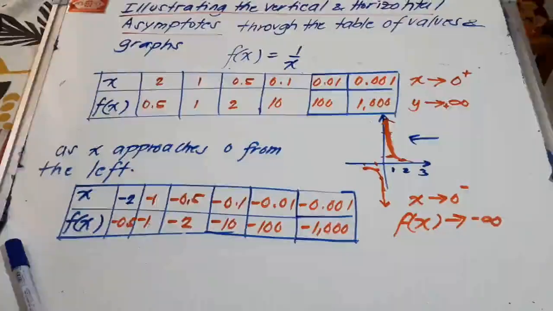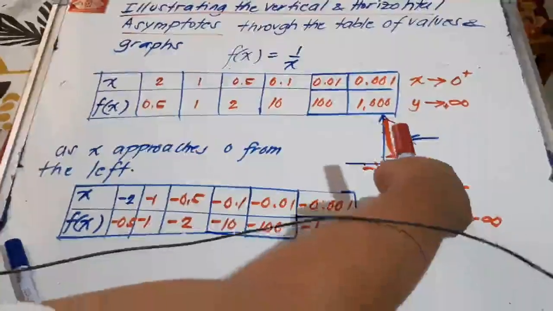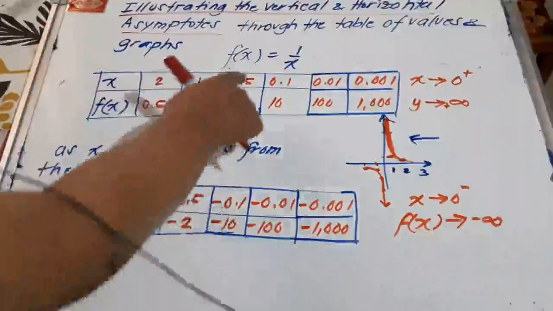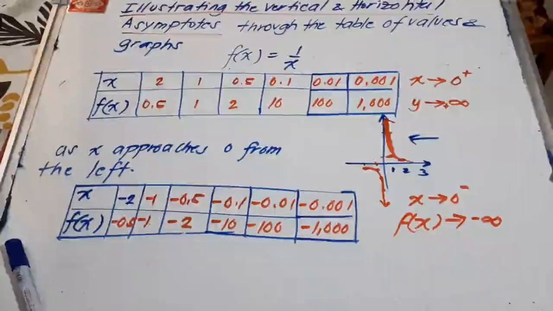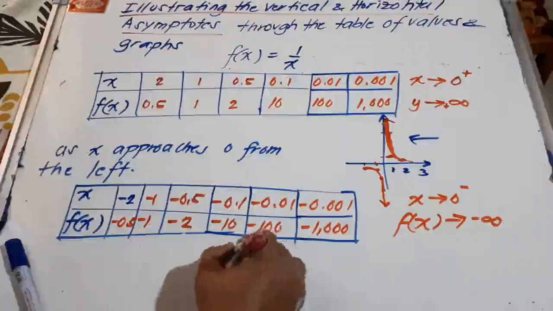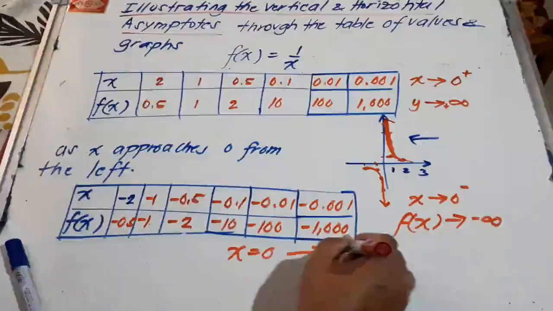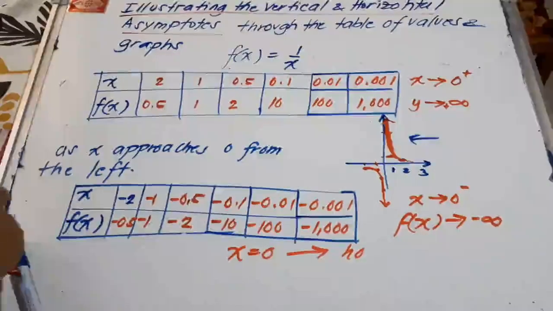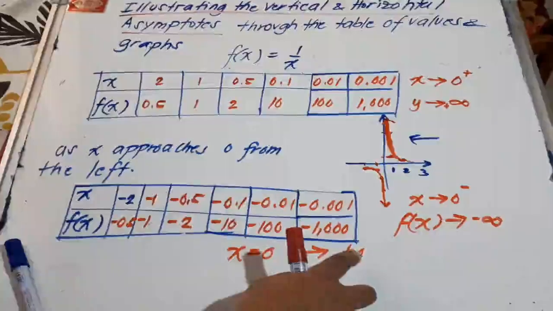Okay? So, ganito yung graph ng ating function. Mapapansin nyo, hindi siya pwedeng dumaan dun sa x equals 0 kasi that will make the rational function undefined. And that value of x, that restriction of x, is actually the horizontal asymptote. Okay? X equals 0 is, it's my mistake, it's the vertical asymptote.